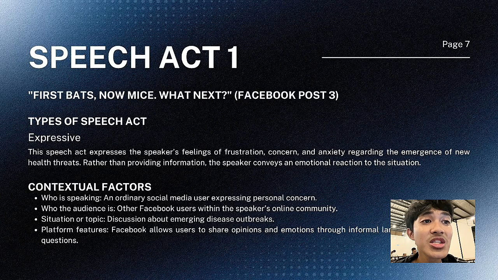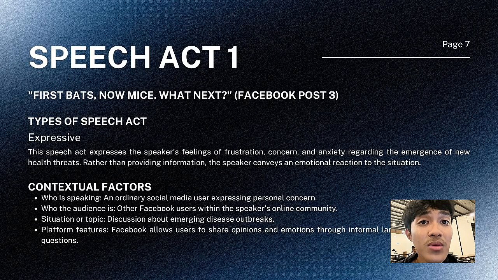The audience is the speaker's online community on Facebook. The topic is disease outbreak, and Facebook's conversational nature allows users to express emotions through informal language and rhetorical questions. Therefore, the meaning of this post is not to provide information but to express concern.